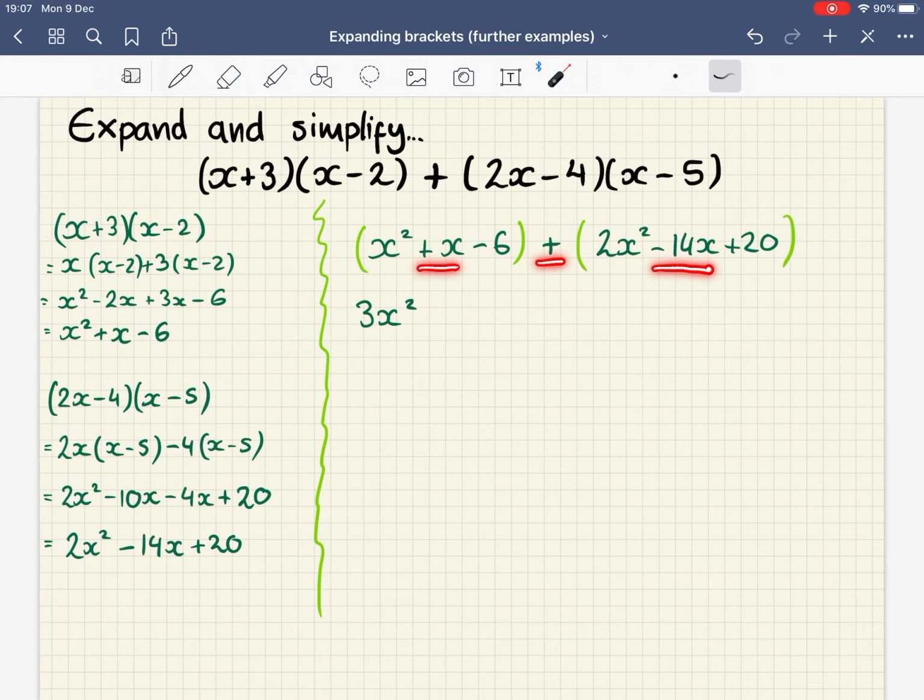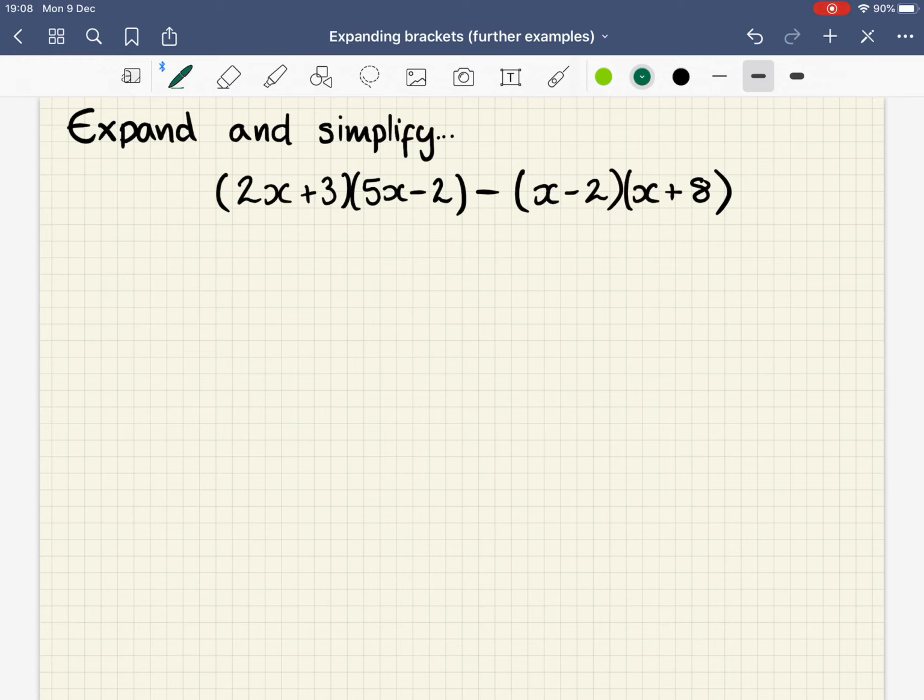Because I've got this negative, that's going to take priority. And so that's going to be x take away 14, which is going to give me negative 13x. Now I have negative 6 add 20. So that will be plus 14. So again, this will make more sense in this one that I'm about to go over.